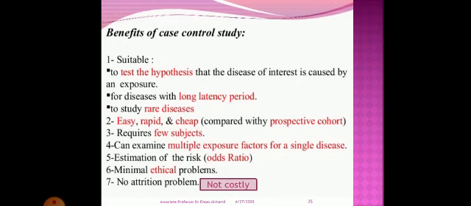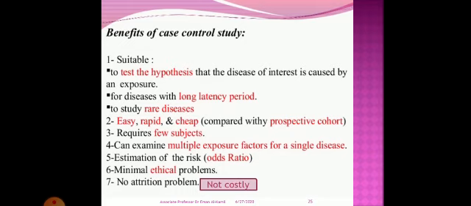Sometimes you can take a small sample for the comparison, and it can examine multiple exposure factors for a single disease and estimate the risk factor, or the odds ratio, sorry.